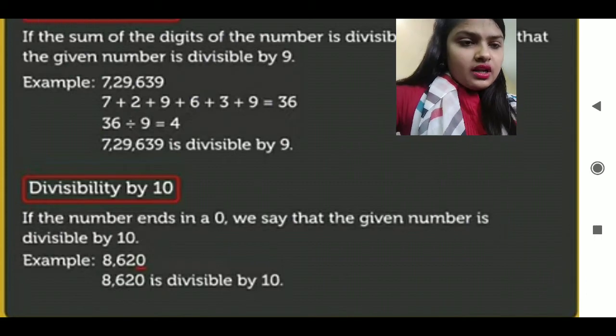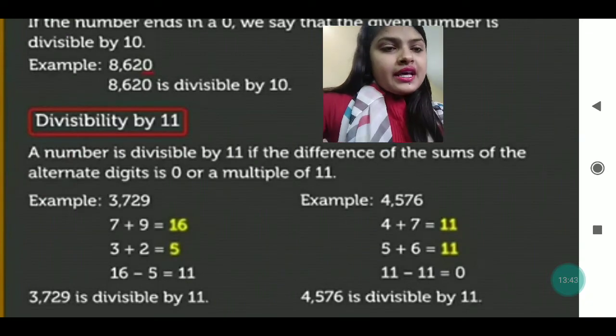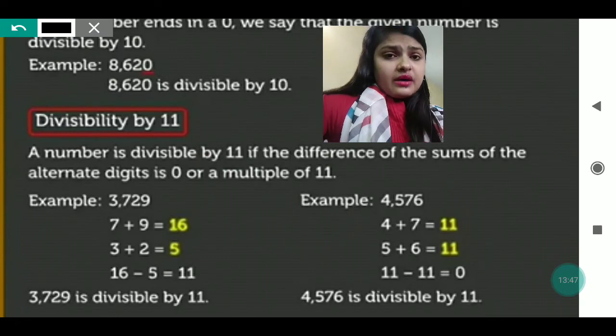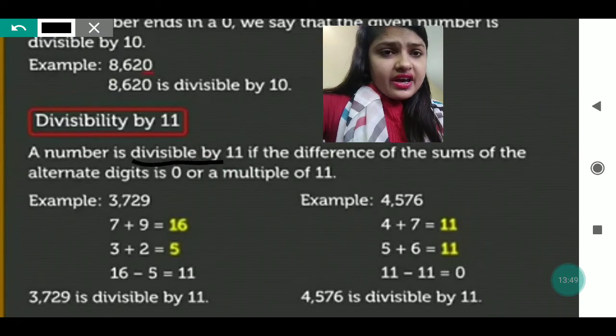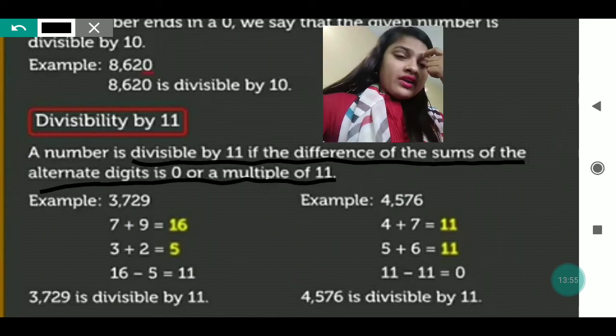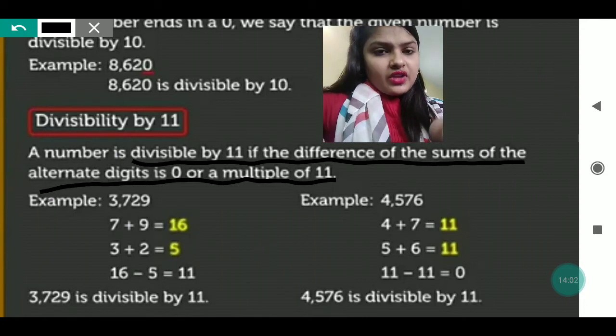Now let's move on. Divisibility of 11. Here you just see. A number is divisible by 11 if the difference of the sums of alternate digits is 0 or 11. What does it mean? Very easy. Just see.